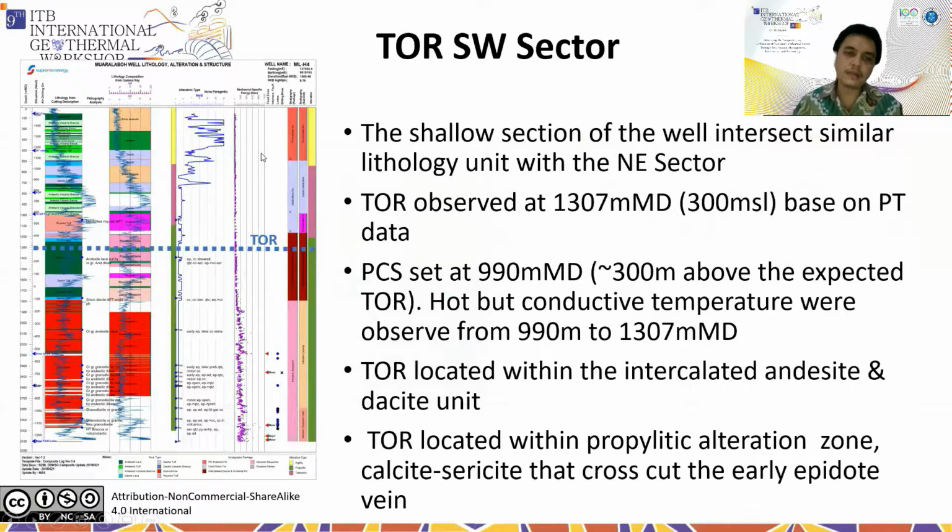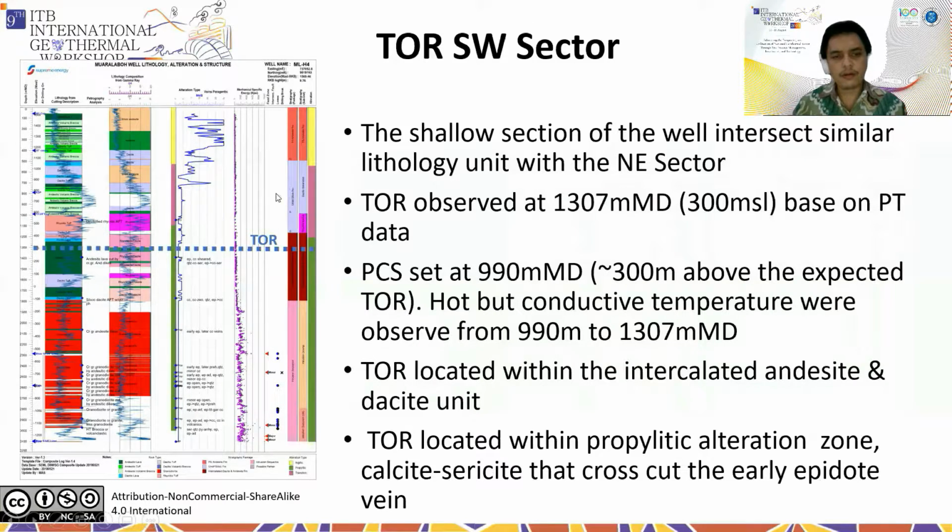We also observe a similar lithological sequence in the shallow level, but no permeability occurs at this particular section. We see the vein characteristic proximate to the top of reservoir location is composed of calcite-sericite vein that cross-cuts the early epidote vein within this area.